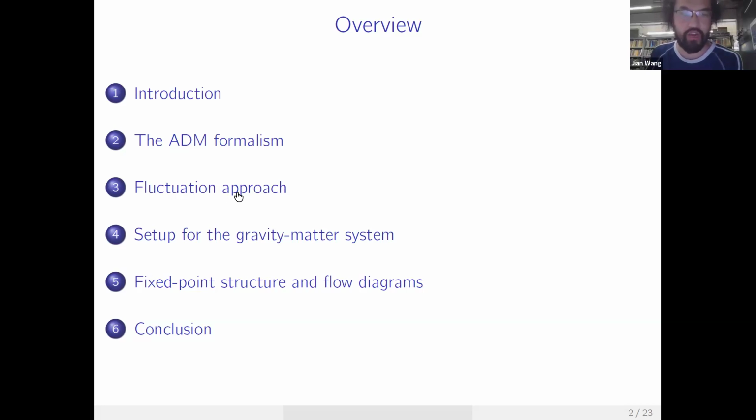So next, I will give a very short review of the fluctuation approach. After we have all the background knowledge, I will give the setup of our gravity matter system. Based on this setup, I will also give our results on the fixed point structure and the flow diagrams of this gravity matter system. Finally, I will conclude the talk with a short summary and an outlook for future research.